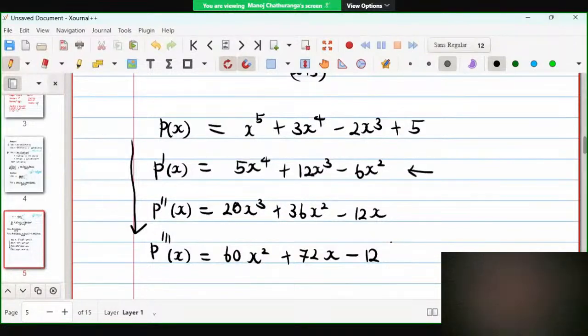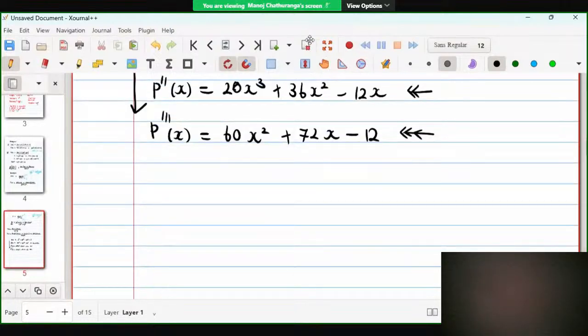This is the derivative of p, and the next one is called the second derivative, and the last one is called the third derivative, and you can keep differentiating as many times as you want.